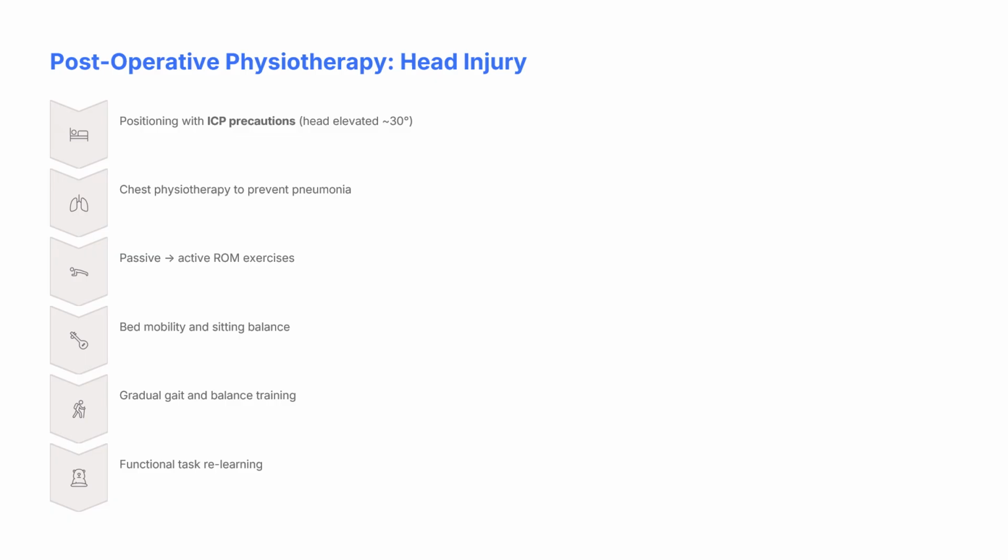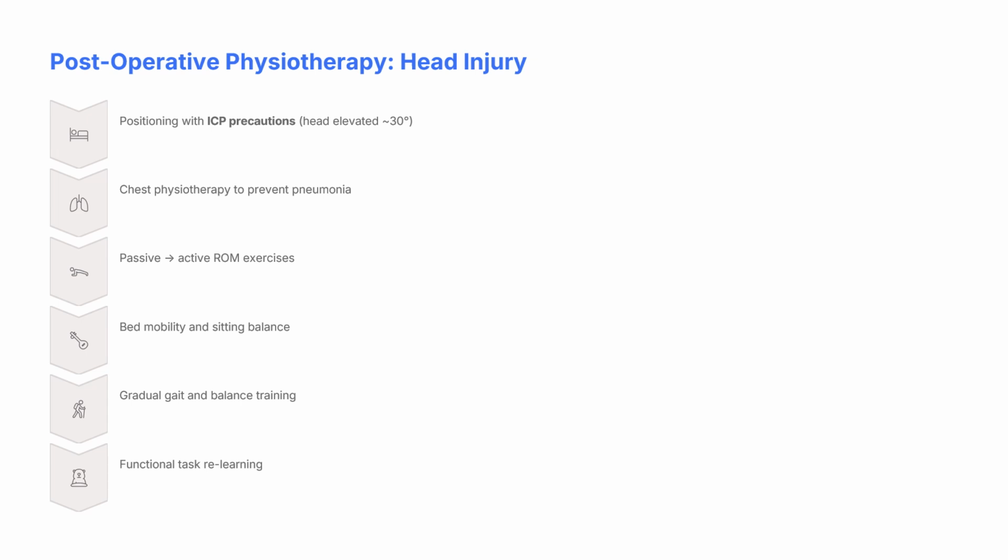Instead, head elevation of more than 30 degrees is suggested. There should be range of motion exercises, bed mobility, sitting balance, gait training, and functional task relearning, like the ability to walk, to eat, to comb hair. The therapist should be engaging the patient in learning these functional tasks.